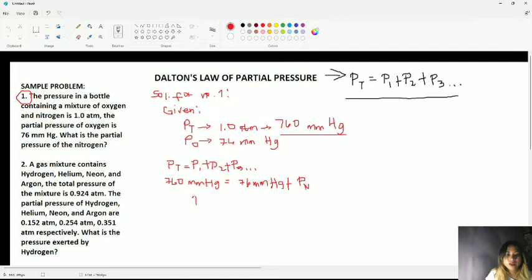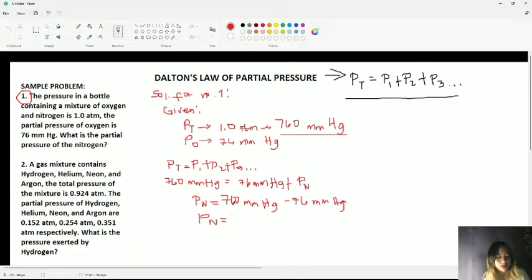Para masolve yan, P sub N is equal to 760 millimeter mercury minus 76 millimeter mercury, para makuha natin yung isang partial pressure.